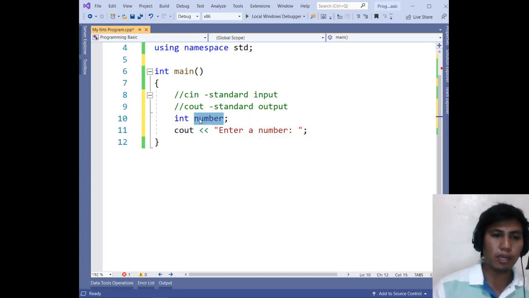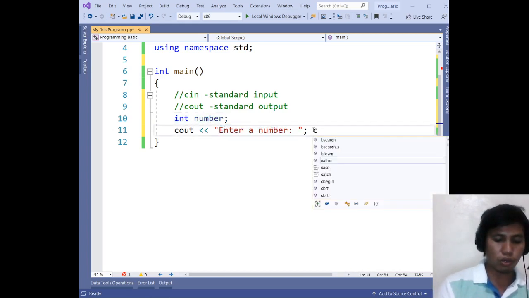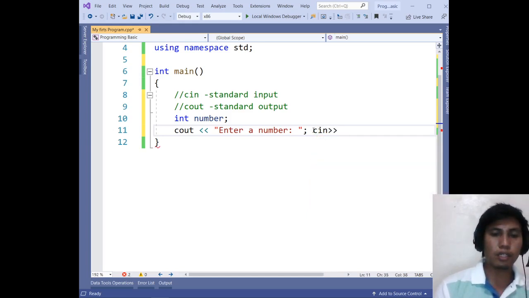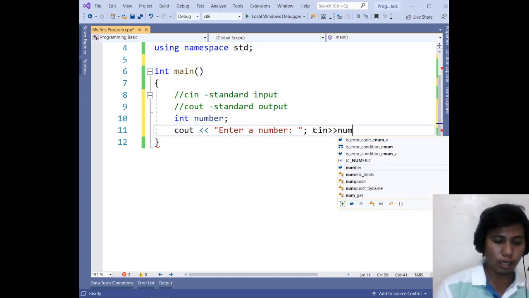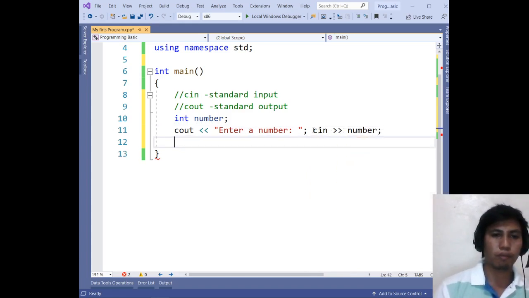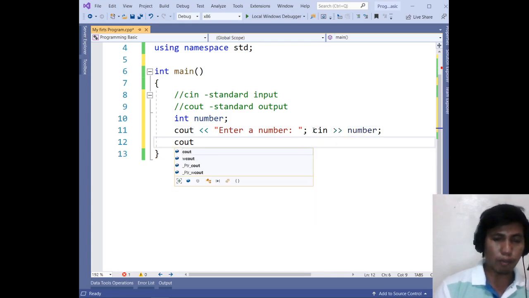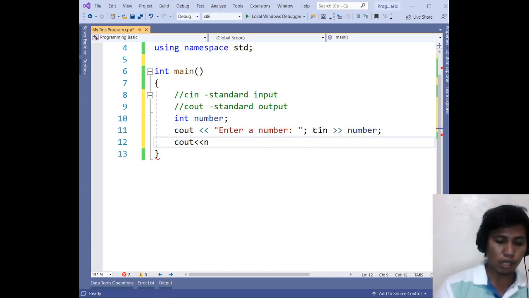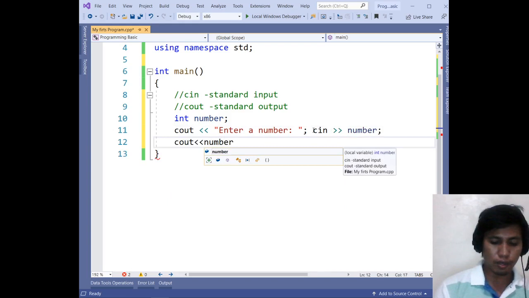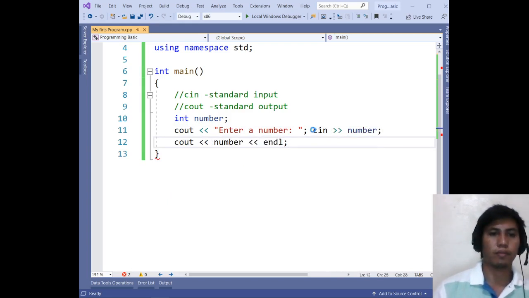So number has a data type of integer. We say here, enter a number, so we prompt the user. By using cin, which is used for standard input, cin number. Then we need to output the value of number, so cout number. Okay, so let's try.